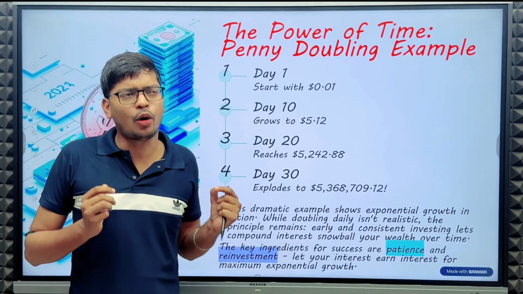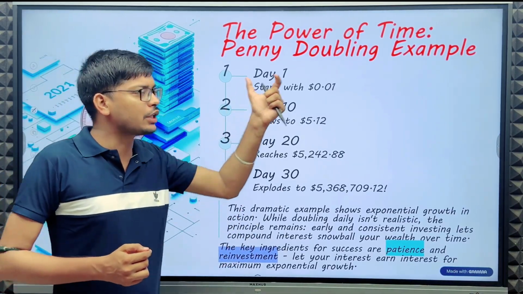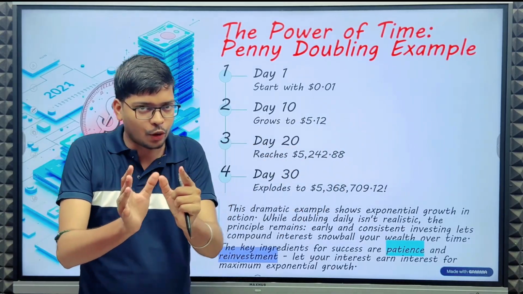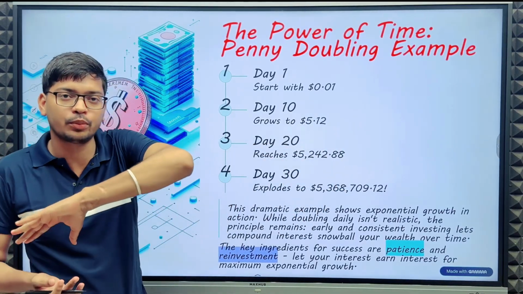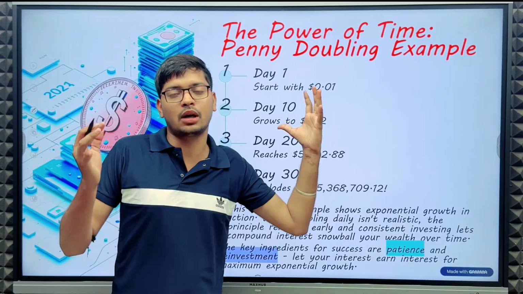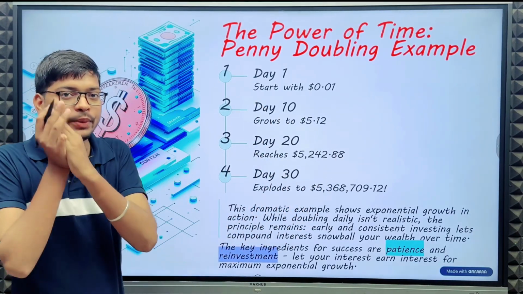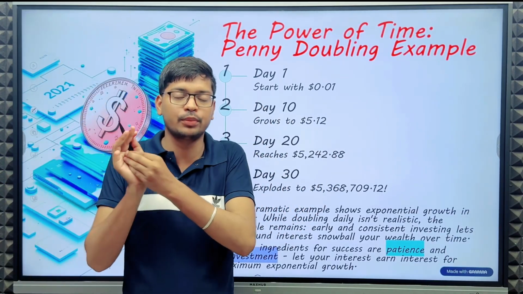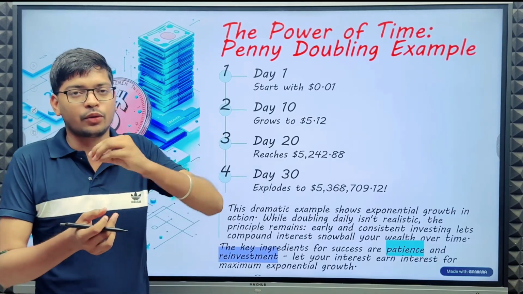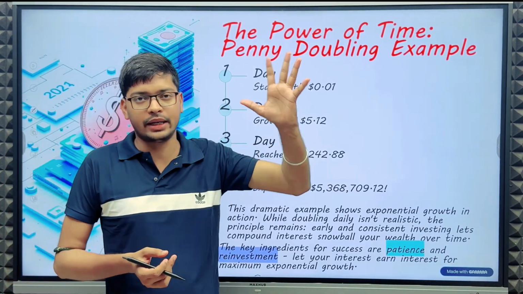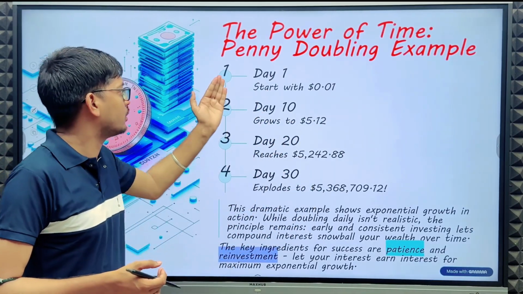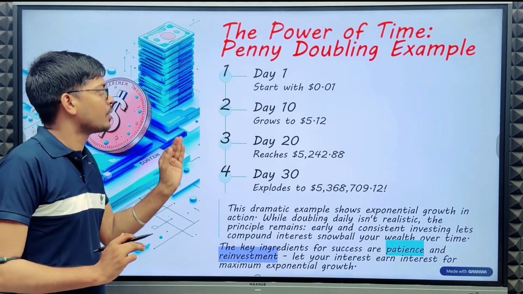Now let's see the power of time. Any doubling example. Okay, power of time, because this whole game is about time. If you have time, and if you skip a period of time like 10 years, let's understand this concept.